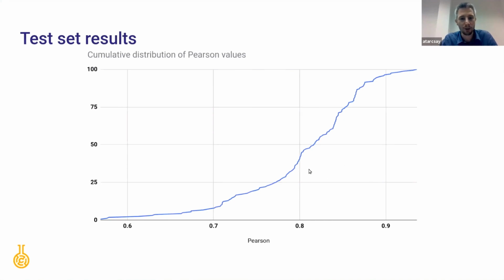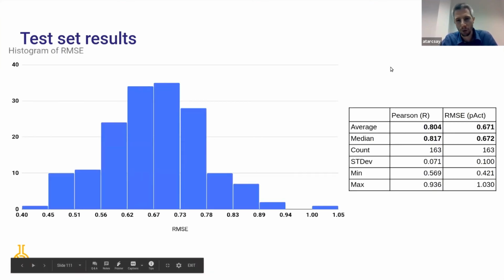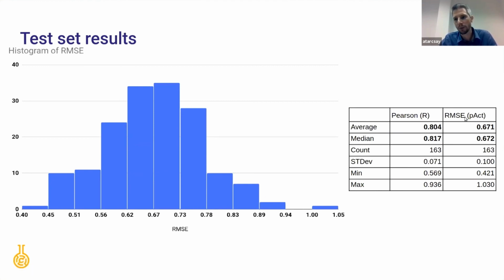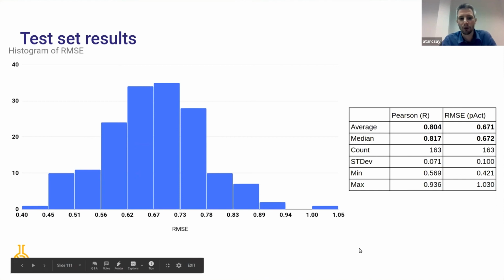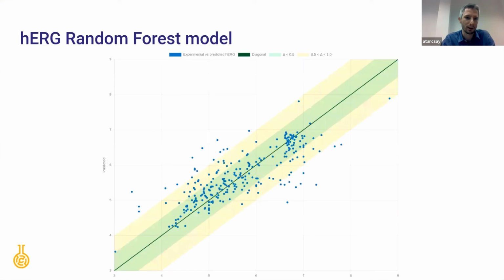In more than 50% of the cases, higher than 0.8 Pearson correlation coefficient could be achieved. So with this training engine on publicly available data, predicting pActivity only purely data-based, we could achieve 1.7 pActivity root mean square error on this large diverse set of targets using random forest as a technique.